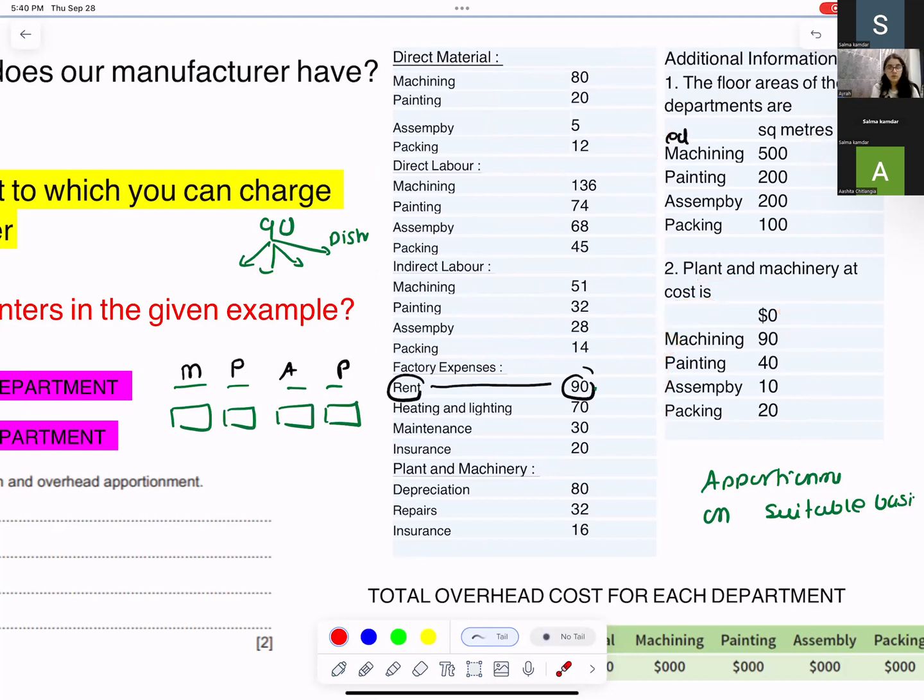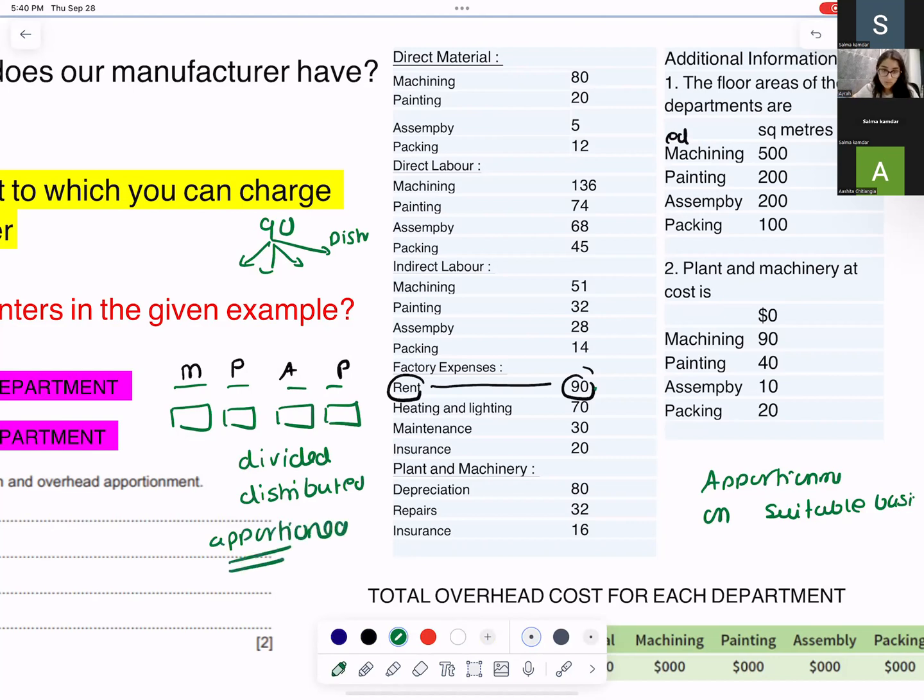So rent will be divided, or I would say it would be distributed, or in other words, I could say it would be apportioned. I am using these three words.